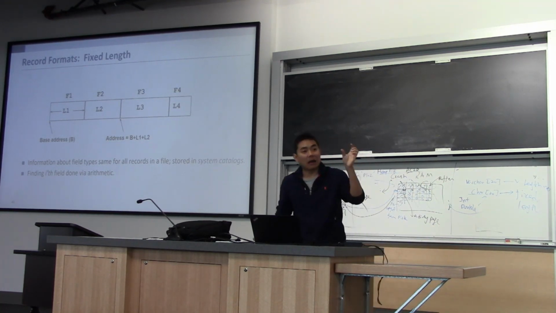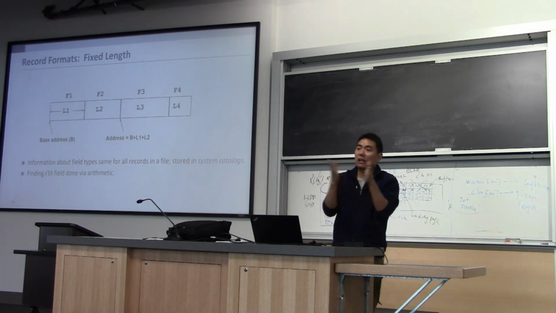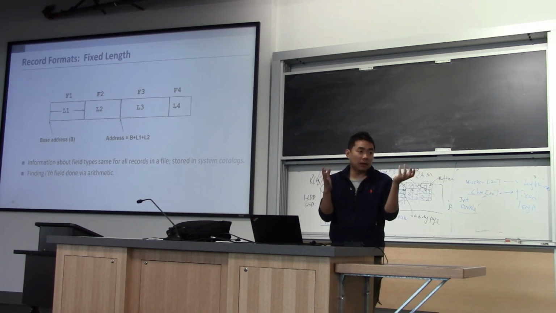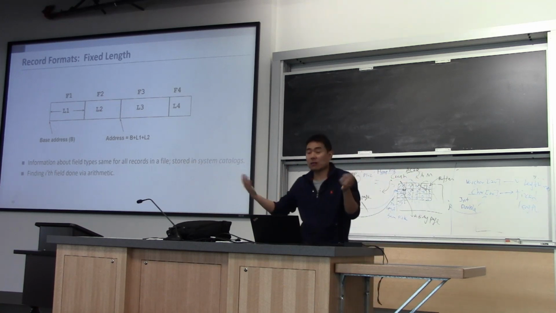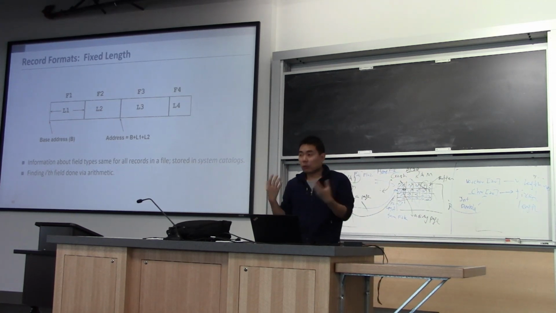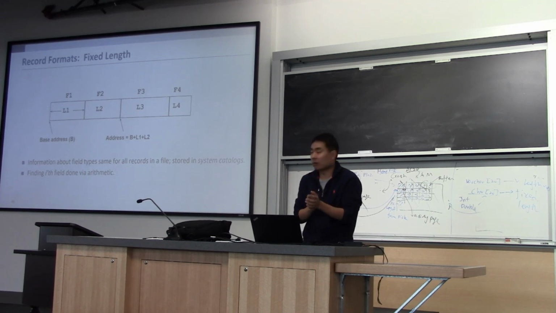Meaning no matter what the actual values are, they're going to occupy the same number of bytes on disk. You could have a value of 5, I could have a value of 10 as an integer. But once we represent that on disk, it's 4 bytes. Integer is 4 bytes, period. No matter what the values are, we all end up with the same length.